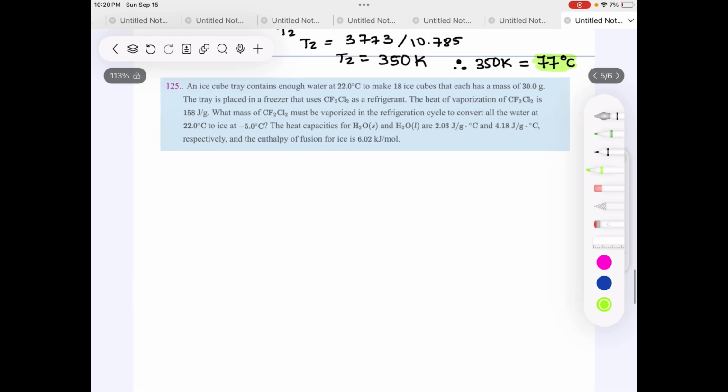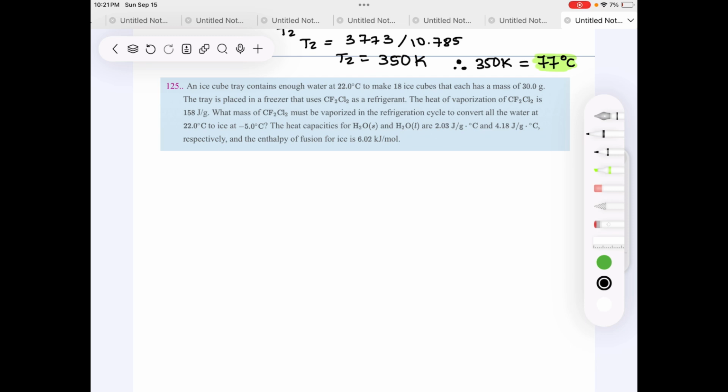Let us look at the next question. We have an ice cube tray containing enough water at 22 degrees Celsius to make 18 ice cubes that each have a mass of 30 grams. The tray is placed in a freezer that uses CF2Cl2 as a refrigerant.